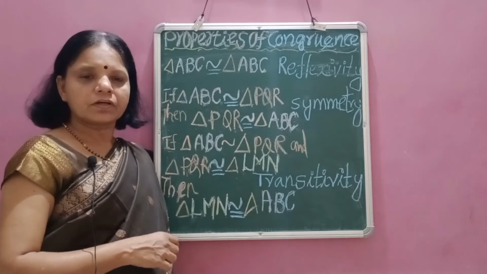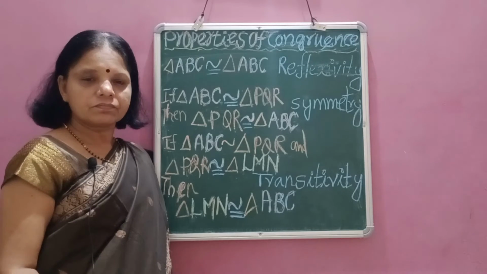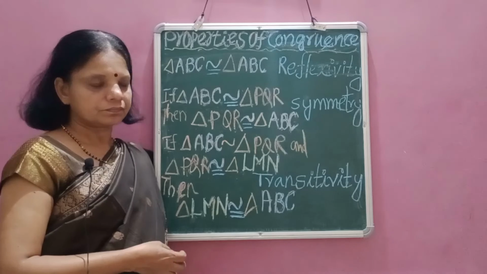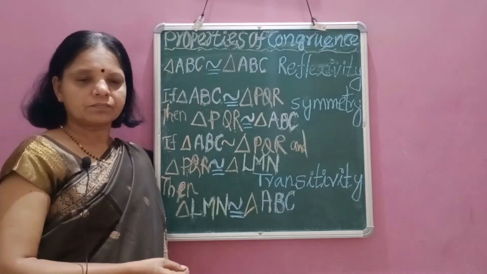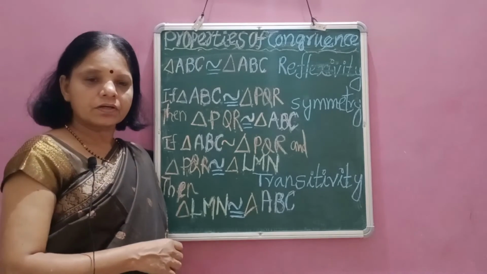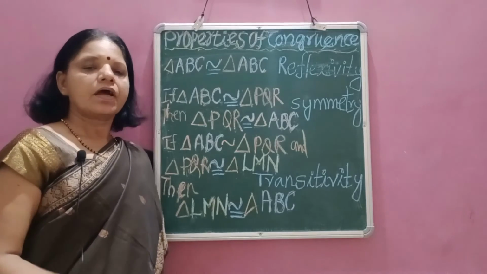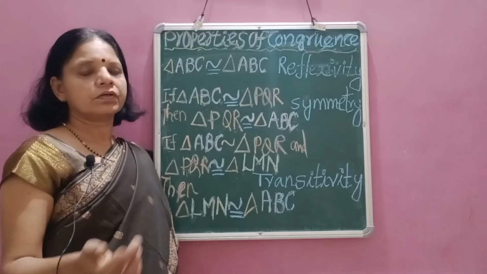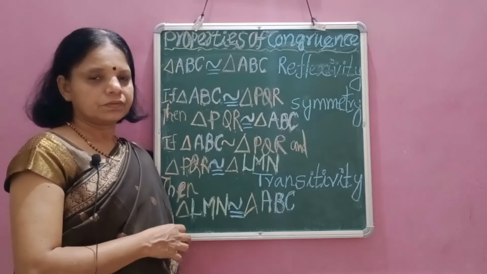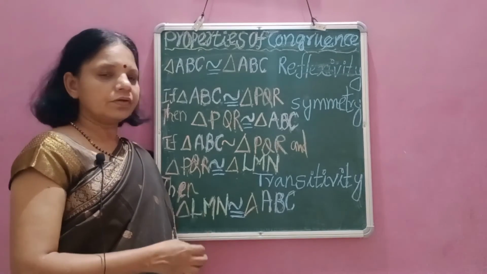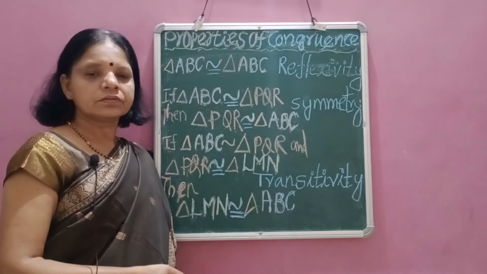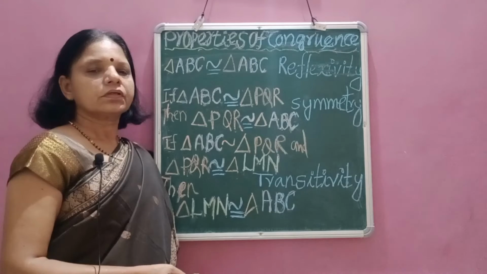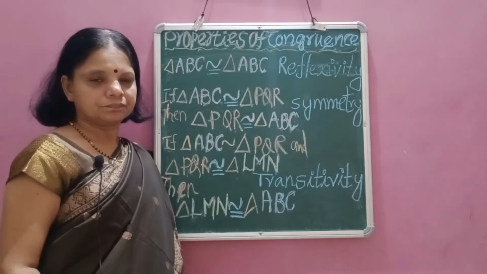If a figure is congruent to a second, then the second figure is congruent to the first. Transitivity, how will we say? If a figure is congruent to a second and the second is congruent to the third, then the third is congruent to the first. In this way, for every geometrical figure, the property of congruence is applicable.